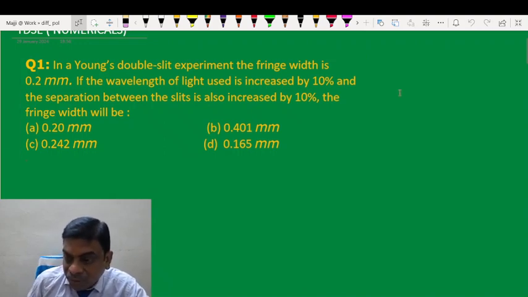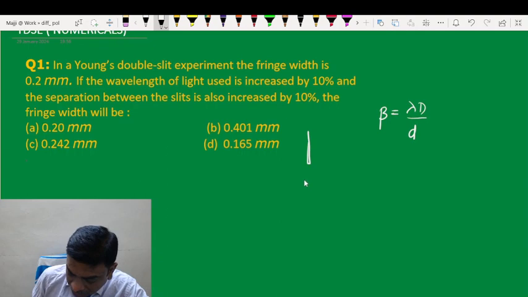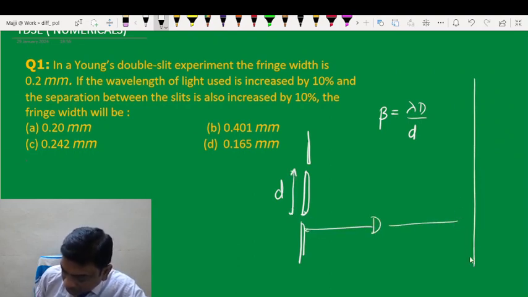In a YDSE, students, the fringe width is 0.2 mm. If the wavelength of light used is increased by 10% and the separation between slits is also increased by 10%, what is the fringe width? Now students, we studied that fringe width is lambda capital D by small d. Here the slit separation is small d, whereas the separation between the plane of the slits and the screen is capital D. So if this is increased by 10%, it will become 1.1 times.